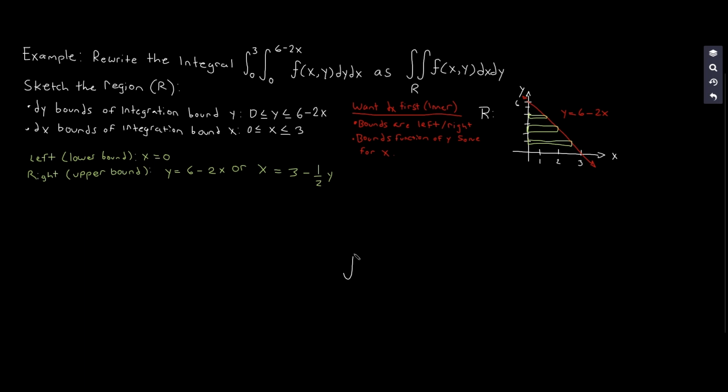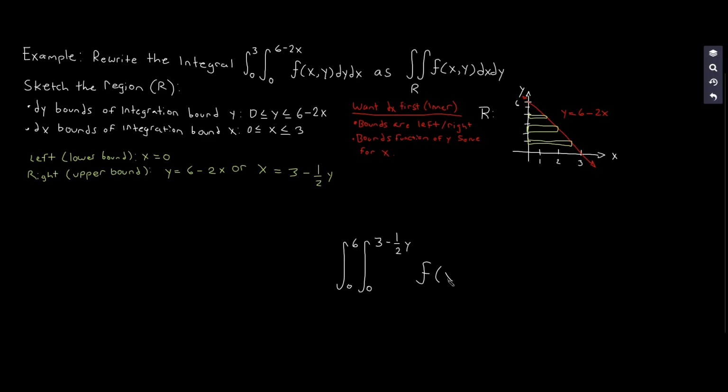So it's going to be the integral from 0 to 6, right? And then we have our new x. We know that x is 0 here, but then here it's 3 minus 1/2 y for the upper bound.